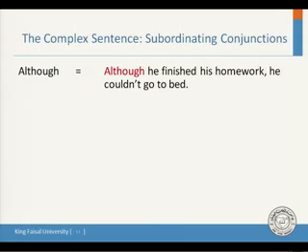Okay, more, although he finished his homework, comma, he couldn't go to bed. Of course, this sentence, you can change the order. You can say, he couldn't go to bed although he finished his homework. No comma. He couldn't go to bed although he finished his homework, without a comma.